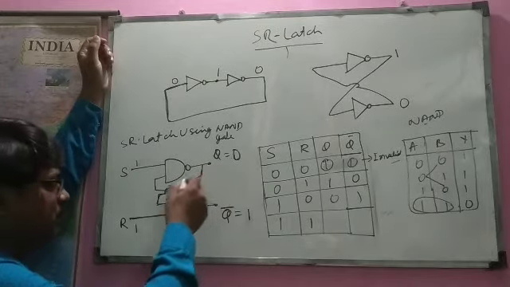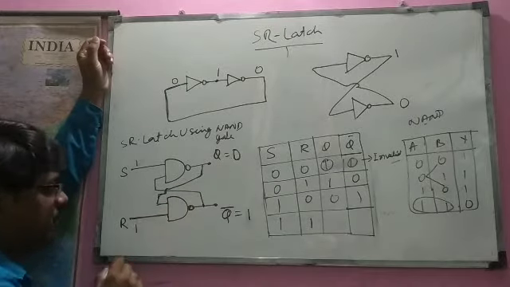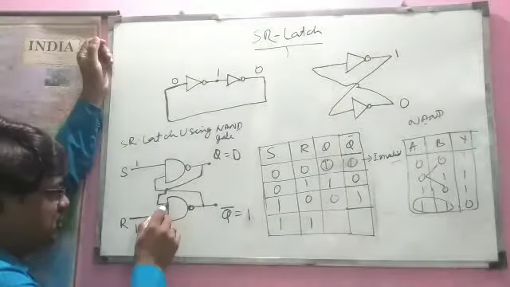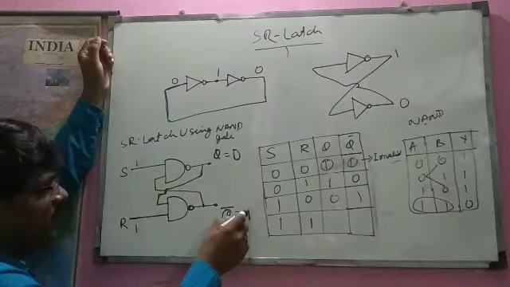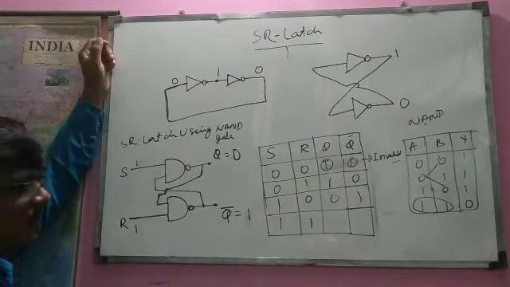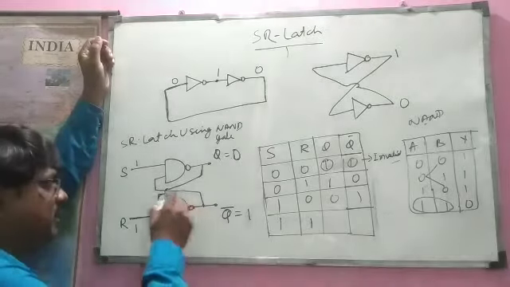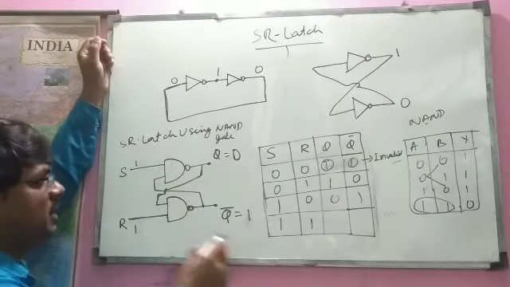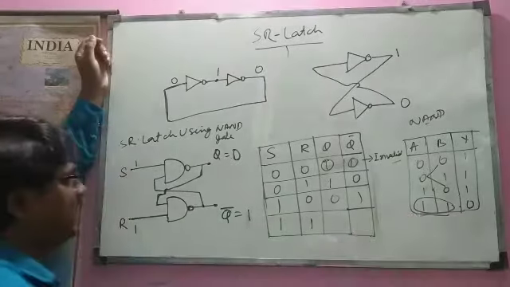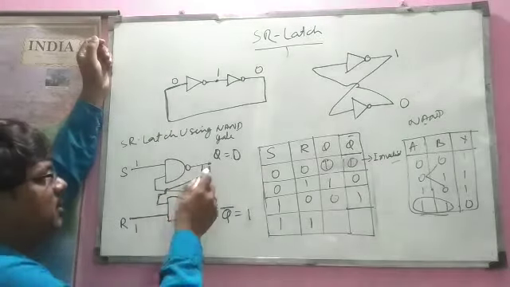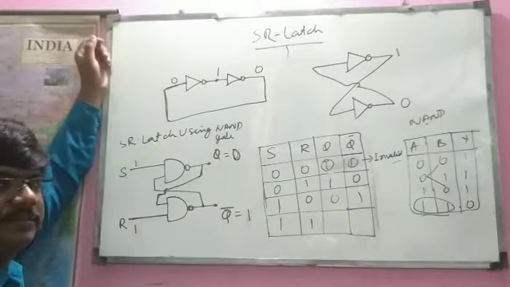So it is 0 and this is 1. If this is 0, the output will be 1. And if 1 is coming here and 1 is coming here, if both inputs of the NAND gate are 1, it will be 0. So that is valid, no problem.